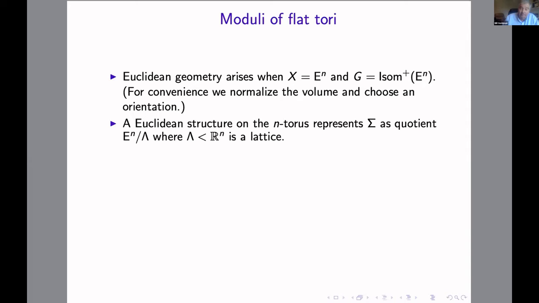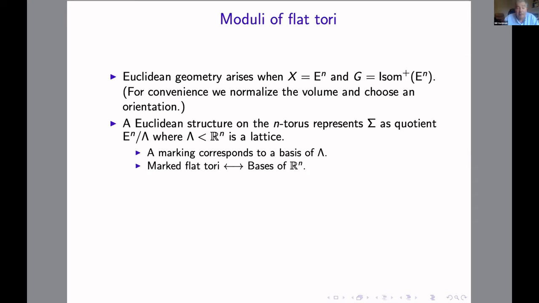And different Euclidean structures correspond to different lattices, and the quotients are the Euclidean manifolds. So in the deformation space, that will be the space of lattices, but with the marking will correspond to a basis. So a marked lattice is nothing more than a basis of the vector space Rn.